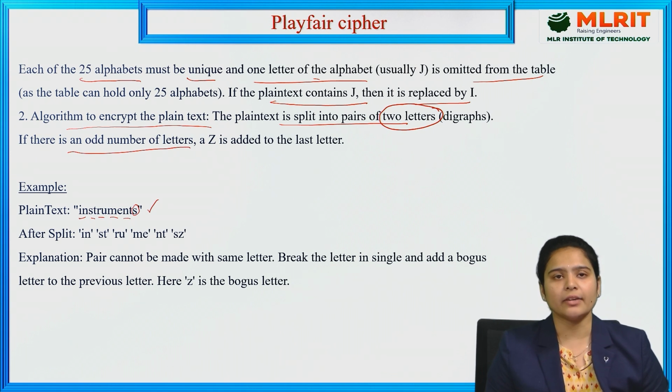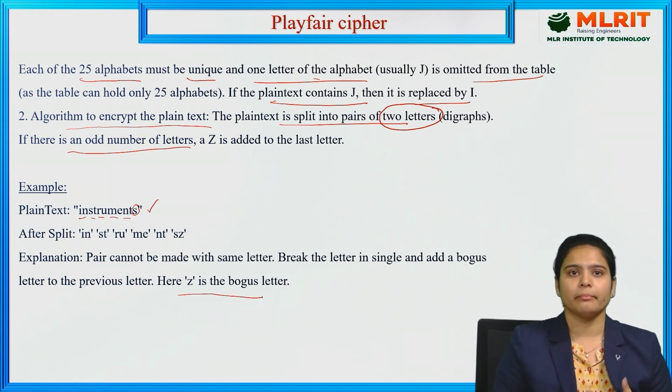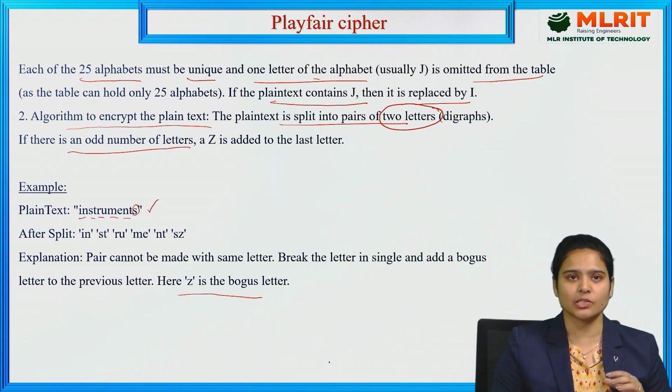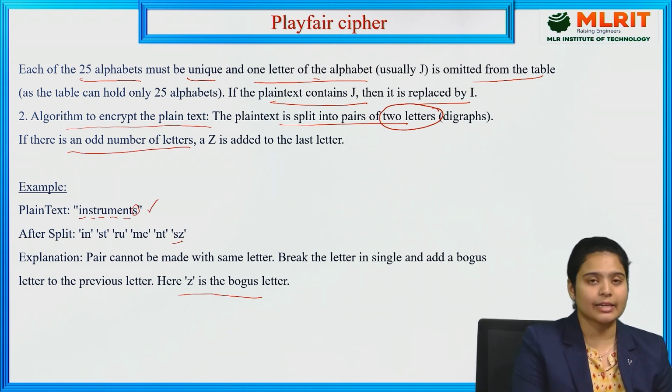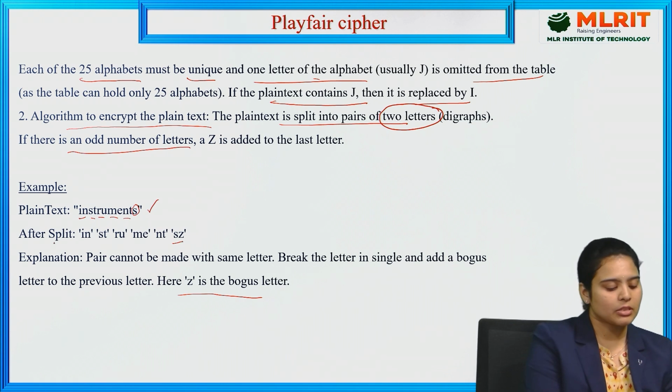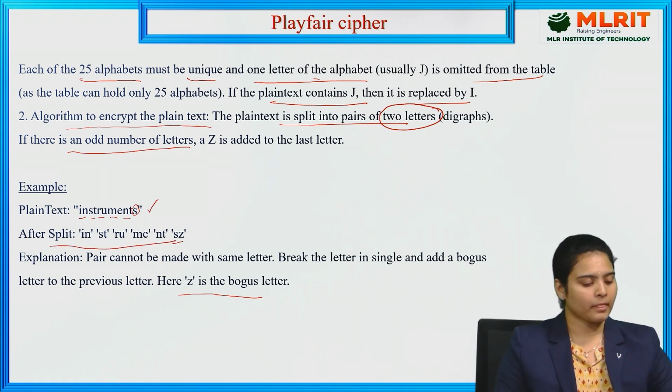For this 1 letter, we can add any bogus letter, that is X, Y or Z. For example, I have taken Z as the bogus letter. Means we need to add the letter Z to the S. That's why I have written SZ here. So after this splitting, each pair has 2 letters.